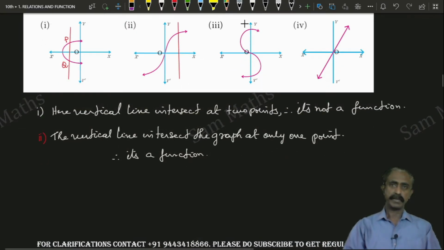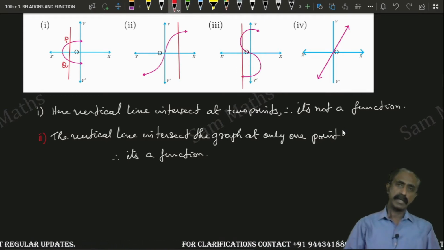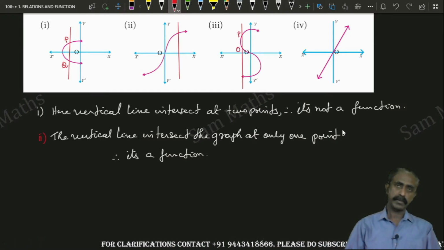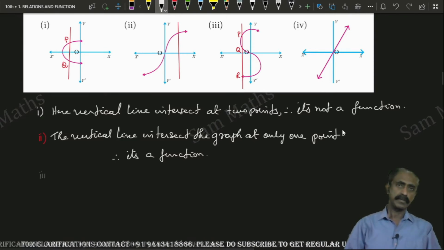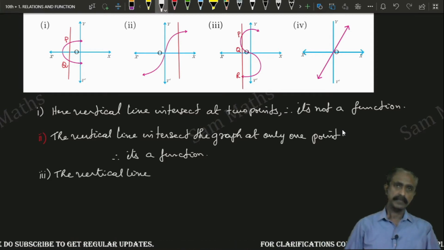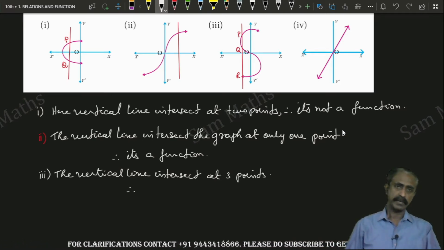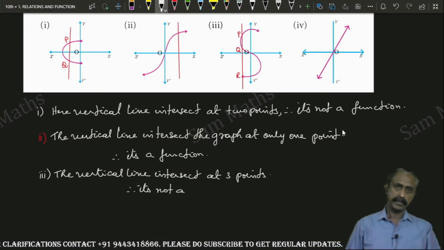Now the third one. Here also I am drawing a vertical line. Here, this line intersects at 3 points, P, Q and R. Therefore, the third one, the vertical line intersects at 3 points. Therefore, it's not a function.